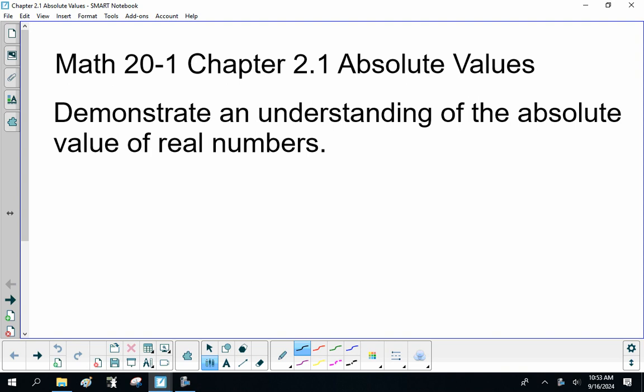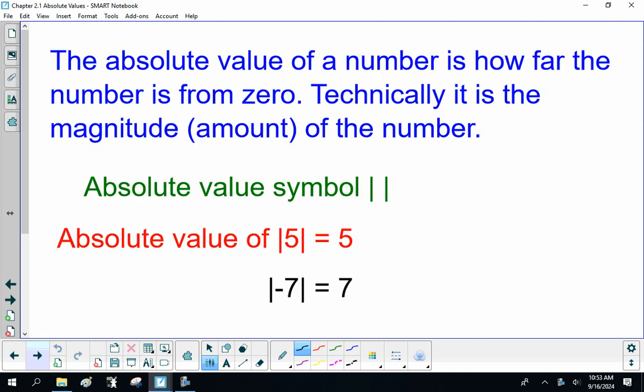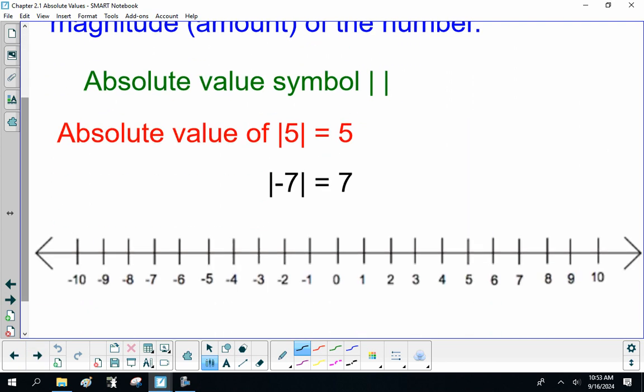Today we're going to demonstrate an understanding of the absolute value of real numbers. The absolute value of a number is how far the number is from zero. Technically, it is the magnitude, or the amount of the number. So the absolute value symbol, those two little parallel lines.